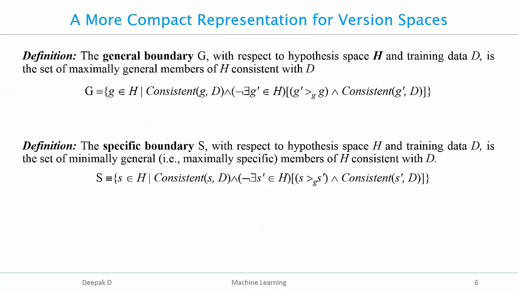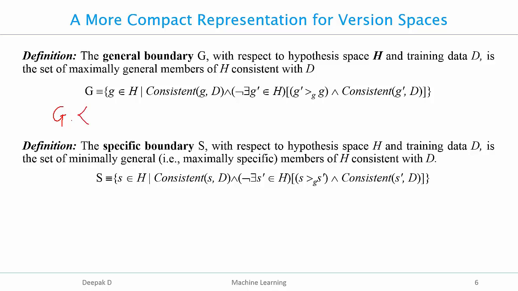By using these representations, now we shall see the definition of a general boundary. The general boundary, which is represented by G, is defined with respect to hypothesis space H and the training data D. What does it consist of?